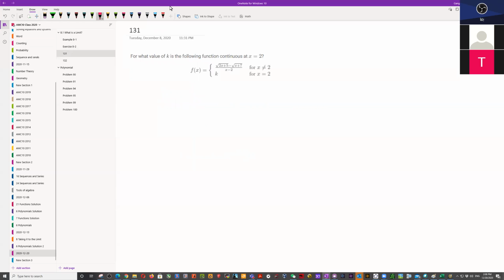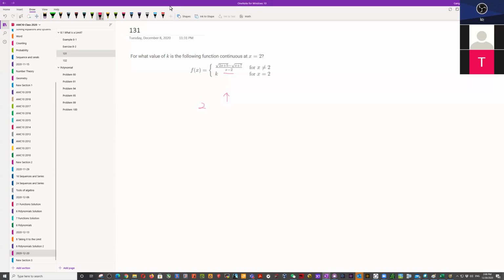So let's try this problem. It looks very daunting. With this type of limit problem, where the function is undefined at a certain number, you are trying to fill a hole, and usually the function is continuous elsewhere. The only reason we cannot get a value is that the denominator cannot be 2.